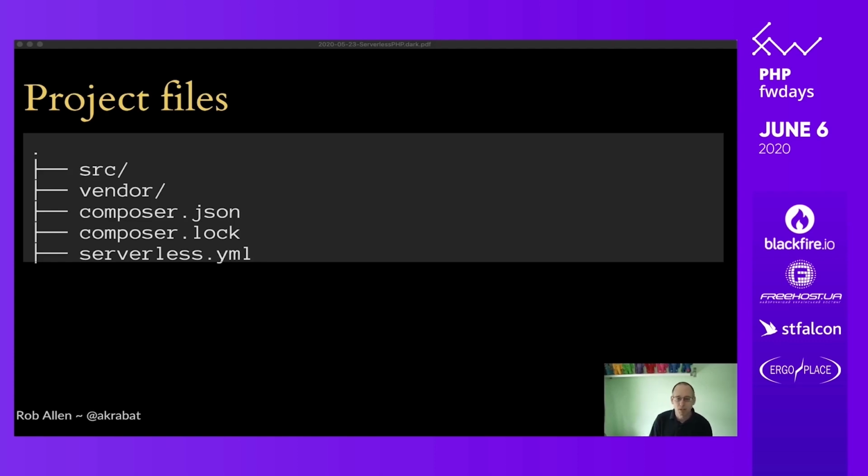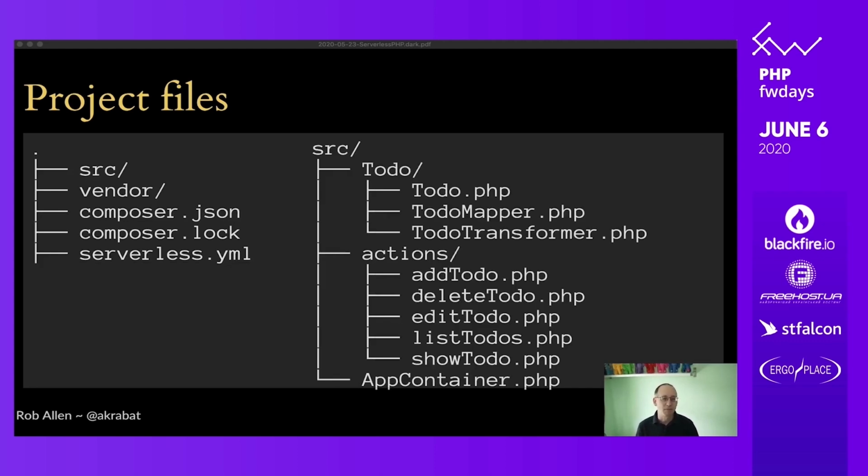Project files. Seen all about the serverless.yaml that goes in my root folder. I'm going to have a source folder for my source code, and then I'm going to use Composer, because that's how we do things in PHP nowadays, to handle all my dependencies. So it's looking like a fairly normal PHP project at this point. Here's my source. I have a namespace called Todo, where I'm going to put all my domain logic.